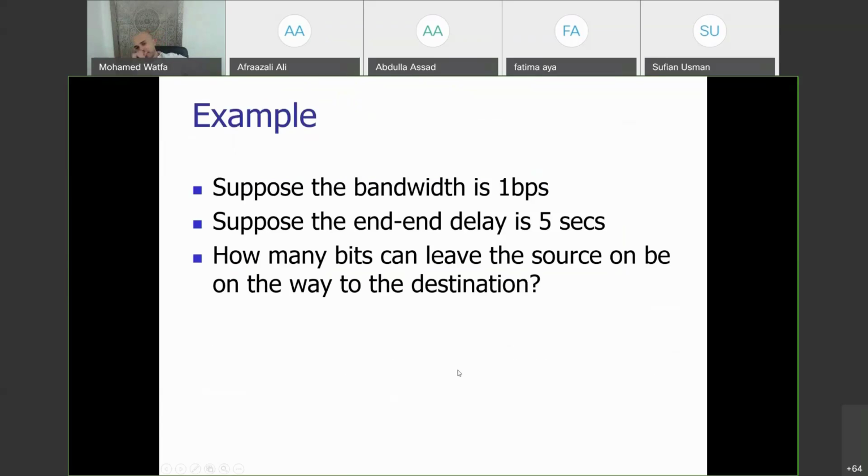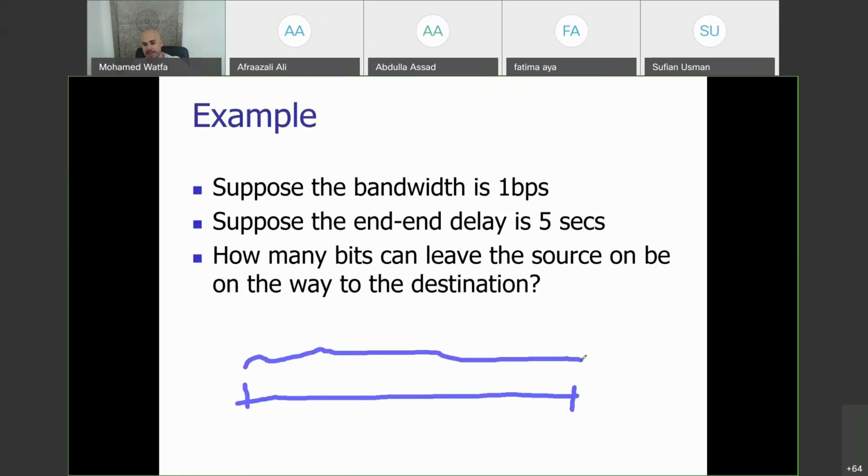So again, now let's look at the relationship. Suppose the bandwidth we're allowed to send is 1 bit per second. And the end-to-end delay, so one more time, from here to here, the time it takes the bit to arrive at my destination, is 5 seconds.